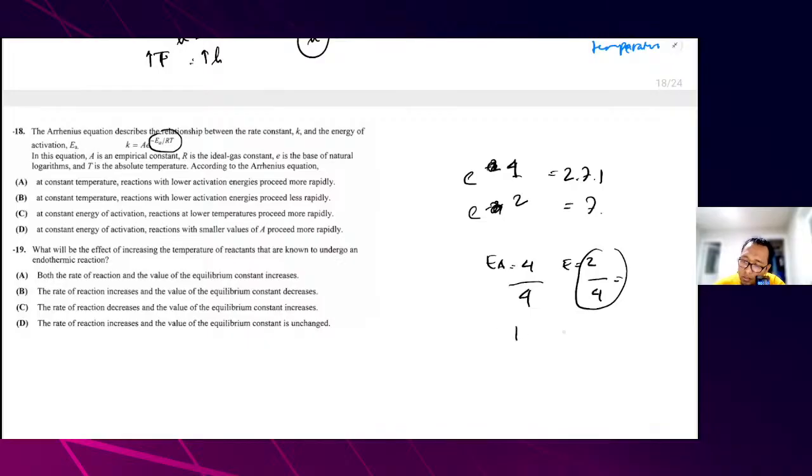This is 1, this is 0.5. And remember, smaller EA, smaller activation energy, gives a larger K and a faster reaction.